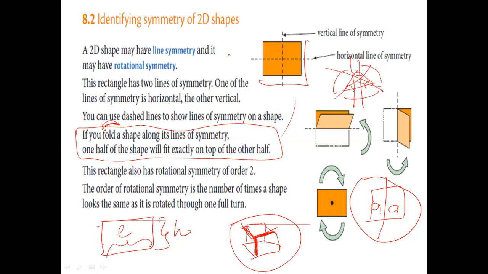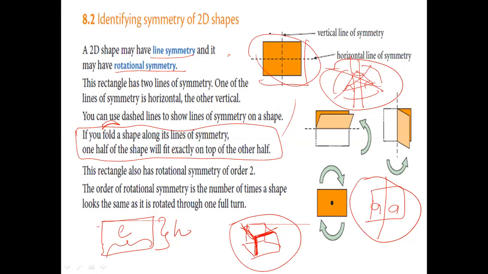A 2D shape may have line symmetry and it may have rotational symmetry. What does line symmetry mean? I have just shown it: line symmetry and rotational symmetry. If your shape, when you rotate it, the synonym of rotate is, what was that?